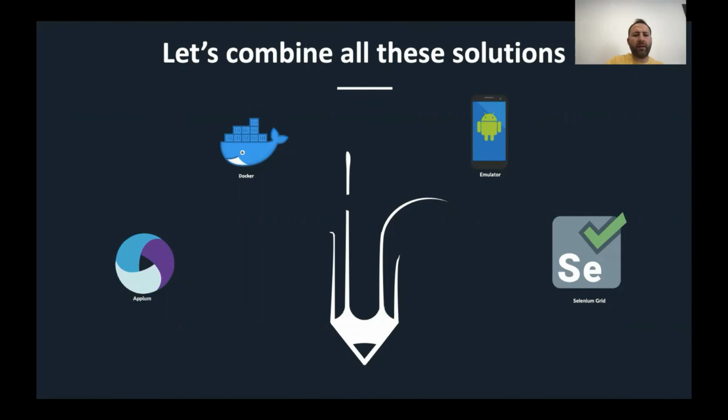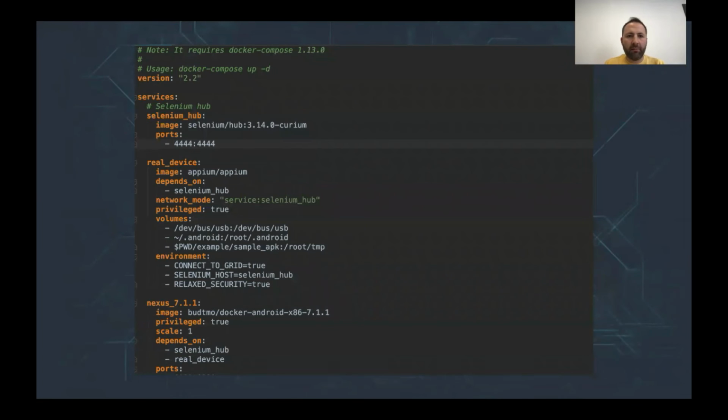So basically, today we talked about Appium, Docker, emulator, and Selenium grid. Let's combine all these four solutions that we talked about today and show one example that uses all of them. This is the Docker compose file, which has three Docker container configurations.